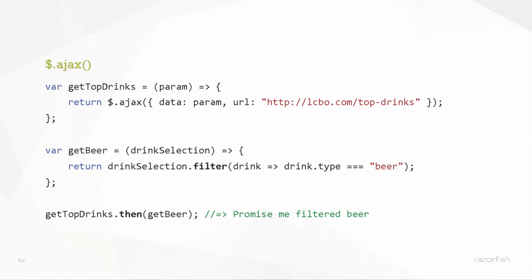So here, I'm getting the top drinks, passing in my parameters to get the top drinks. And then there's another method here that will map over, not map, but filter. That's another higher order function we're going to talk about. What filter does, it takes a predicate. What's a predicate? Predicate just means a true or false, a Boolean.